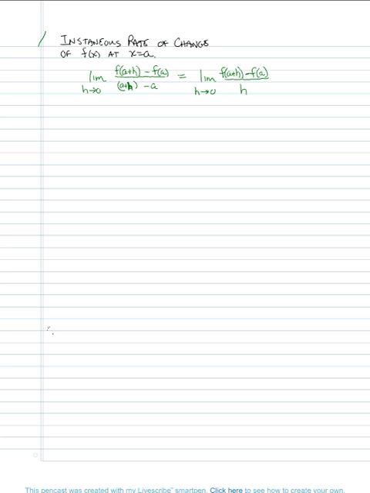Notice that we're talking about between a and a plus h in the denominator, and we're letting h get very, very small. And so as h gets very, very small, we're getting a point that's close to a. See, we have a, and we have another x value that's close to a because the h is getting small, a plus a small amount. So we think of those two values.